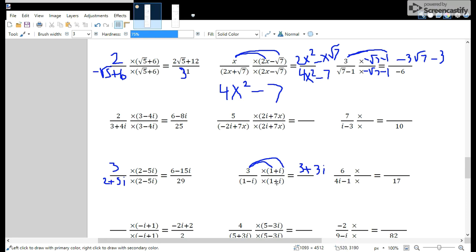Here are our conjugates. We have 1 squared plus i squared, which is 1 plus negative 1. We just have 1 plus 1, that's 2. And the last one, the conjugate of 4i minus 1 is negative 4i minus 1.